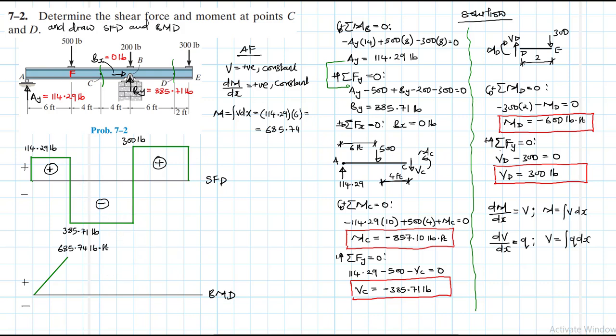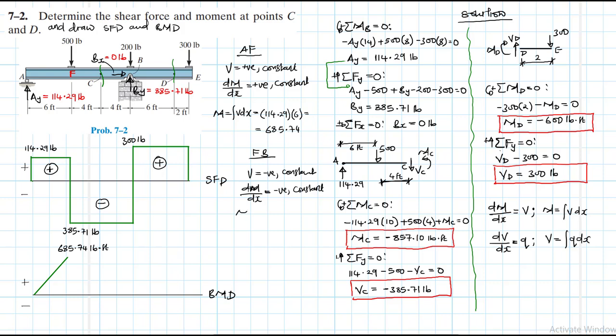Then from F to B, our shear is negative and constant, and therefore our dM/dx is also going to be negative and constant.